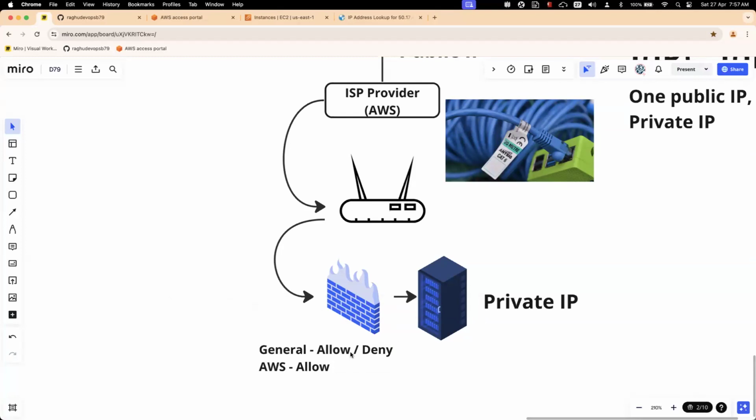General firewall software will have an option to choose both whom to allow and whom to deny. But here Amazon deals with only whom to allow; they'll not deny. You can't give one IP address and say only that one IP address you want to deny traffic from, you can't do that. Whereas one IP address you only would like to allow, you can.